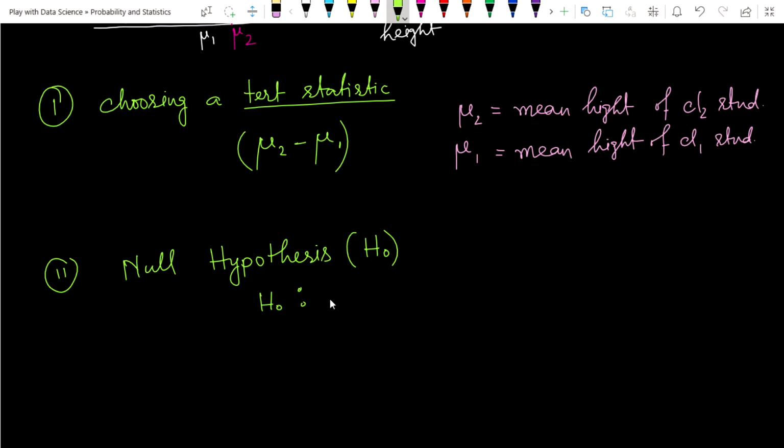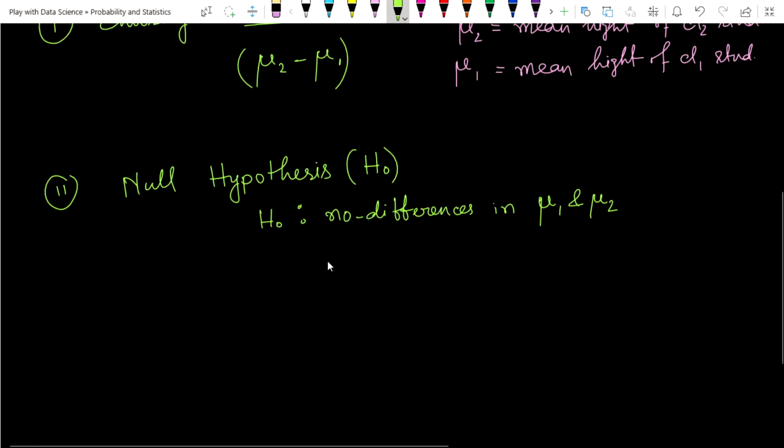So the null hypothesis means no difference between mu1 and mu2. That's the hypothesis we have designed, called the null hypothesis.